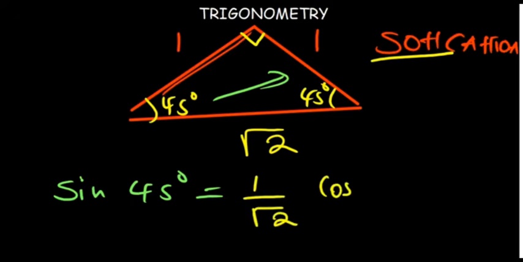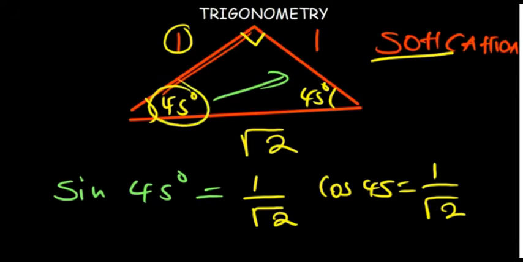If you go to cos 45, the adjacent is still the same 1, and then the hypotenuse is also the same. So you notice that the opposite and the adjacent in this 45-45 triangle are the same. So for this angle 45, the opposite is a 1, and then the adjacent is also a 1.